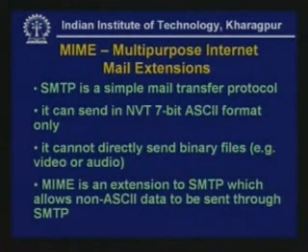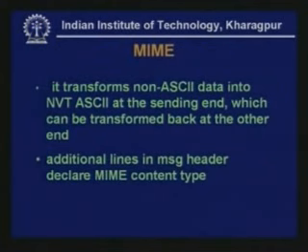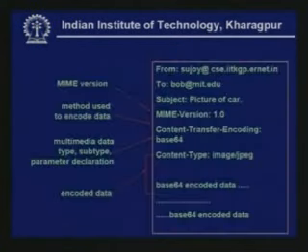Since this is so important and so common nowadays, let us look a little bit into MIME. It transforms non-ASCII data into NVT ASCII at the sending end, which can be transformed back at the other end. What it does is add additional lines in the message header to declare the MIME content type.